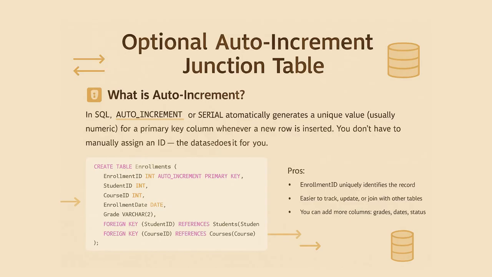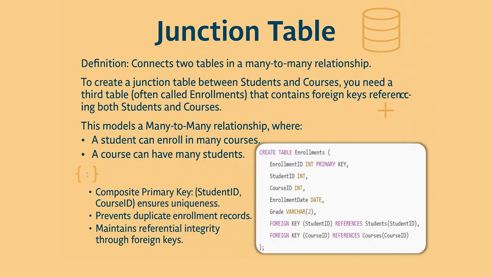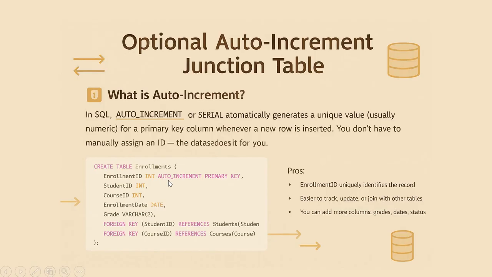Just a notification, not just for this table, in general, instead of writing just integer primary key and adding this ID every time for each enrollment, each student, each course, each user, if it is integer, we can just write auto increment primary key.